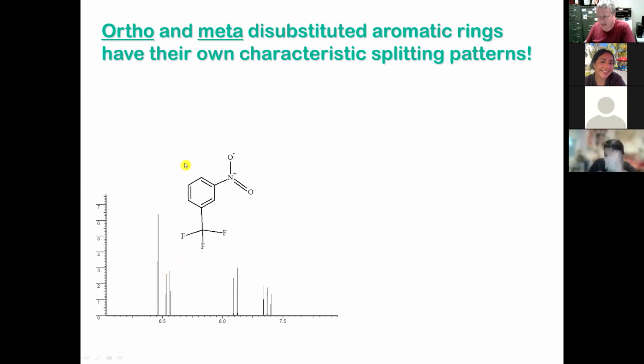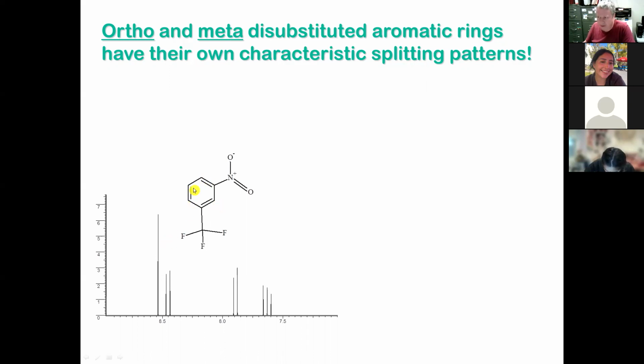Which would be the singlet? If we're just looking at the aromatic region, how many neighbors are next to a singlet? If it's a singlet, there are no neighbors. So which of the CHs would the singlet be? The one with no neighbors, right there, and thus it'll be a singlet.